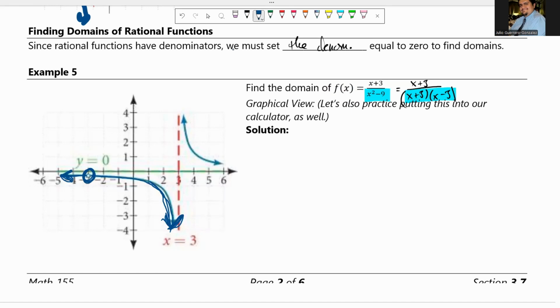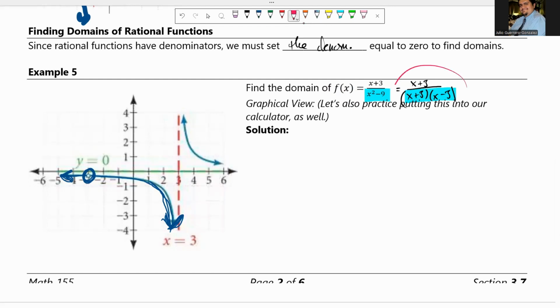It just jumps. Got it? This right here is what we call a removable discontinuity. The short pre-calculusy word that we like to use is we have a hole.